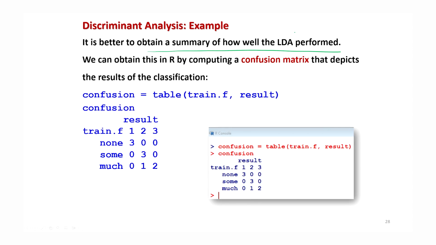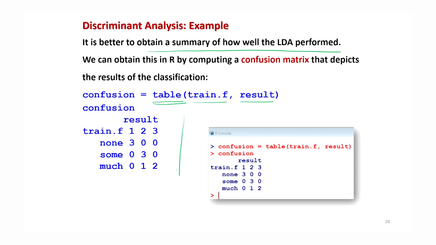Right. I simply want to understand what the frequency is. Ideally, there are 3 classes and 3 groups, so every group should have been given 3 observations. But if you create this frequency table using the command table, then train.f comma result inside the parenthesis, this will give you this type of result.